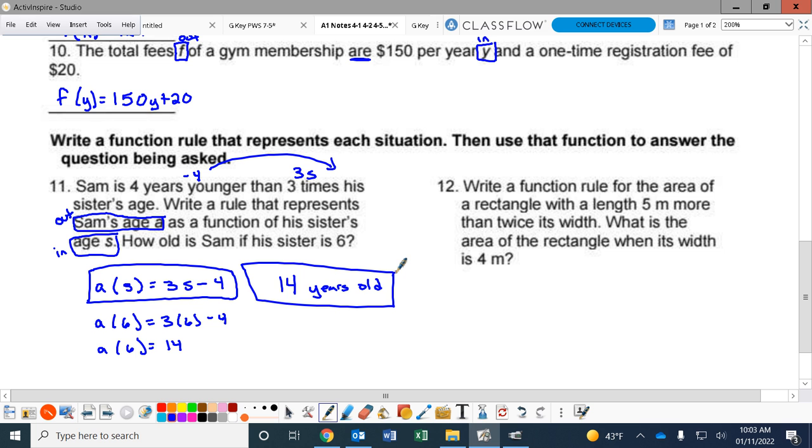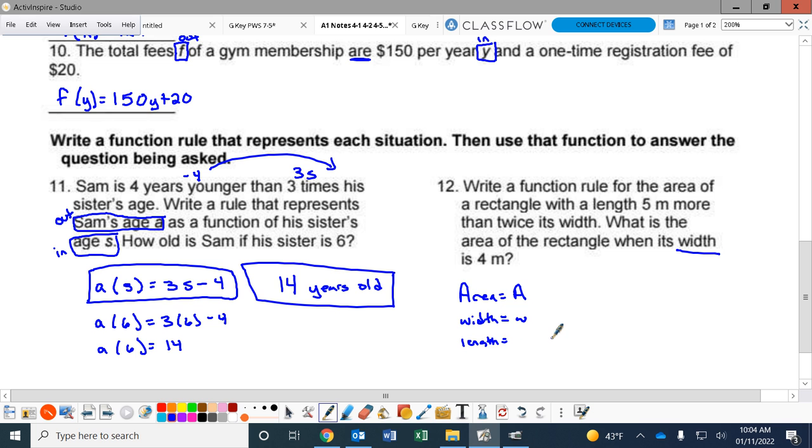Alright, last one. Write a function rule for the area of a rectangle with a length 5 more than twice its width. What is the area of the rectangle when its width is 4 meters? Guys, everything is based on the width. Okay, so we're going to have area is equal to A, we'll call it. The width we're going to call W. The length is based on the width.